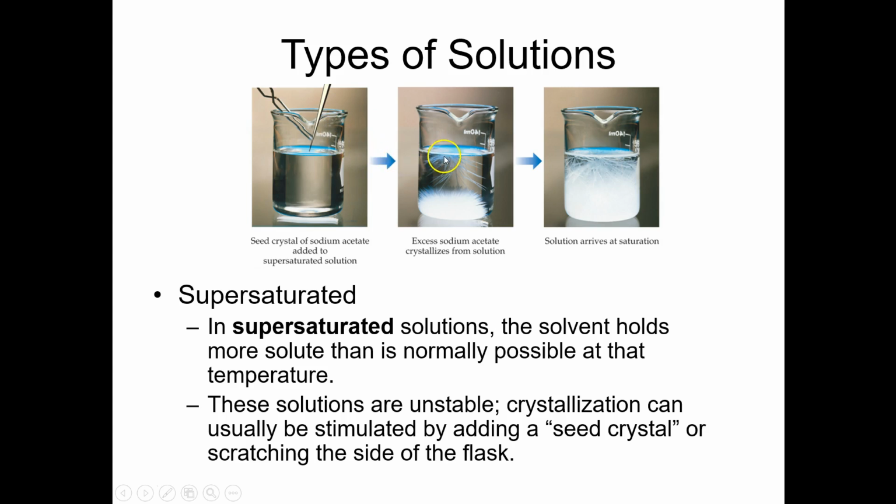If you drop just a tiny piece of solid sodium acetate in there to act as a seed crystal, you'll immediately get a huge crystallization event until it equilibrates as a saturated solution in equilibrium with undissolved solute. This happens fairly frequently in organic chemistry, that things will crystallize if you scratch the side of the flask or put a seed crystal in. They're rare and unstable, so you wouldn't normally encounter a supersaturated solution in your daily life.